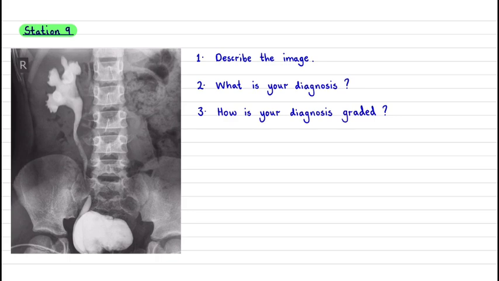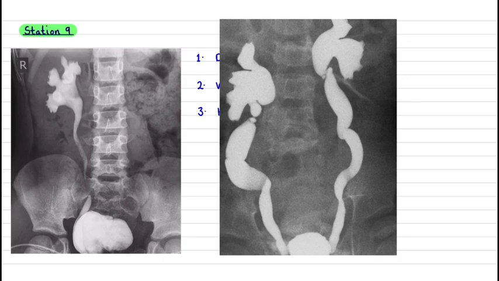So just to give you an idea, this is what grade 4 would look like, and grade 4 was described as significant reflux, dilated ureters and renal pelvis, and mild hydronephrosis. So I'm sure you can see the mild hydronephrosis here and here, as well as the dilated ureters here.